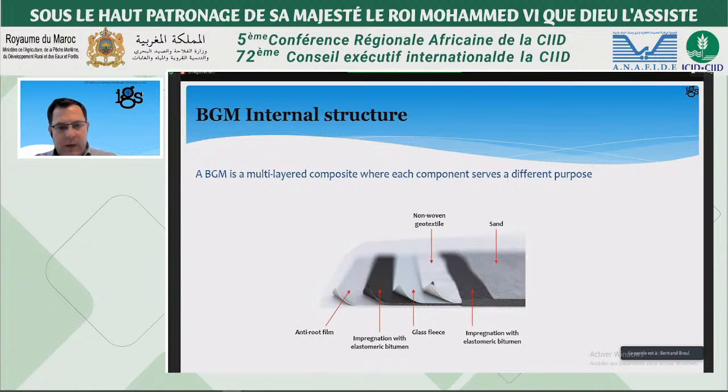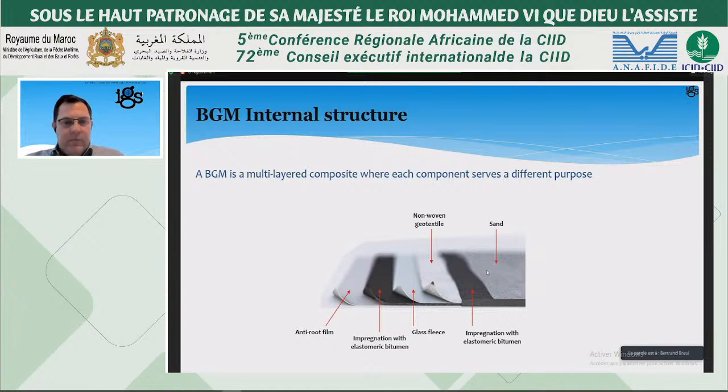The next main component is the elastomeric bitumen, which gives the impermeability and also ensures the durability of the product. So when you see the product, the non-woven geotextile and the glass fleece are not visible anymore, as they are fully impregnated.